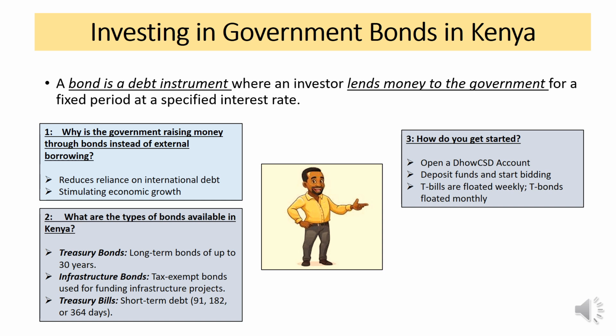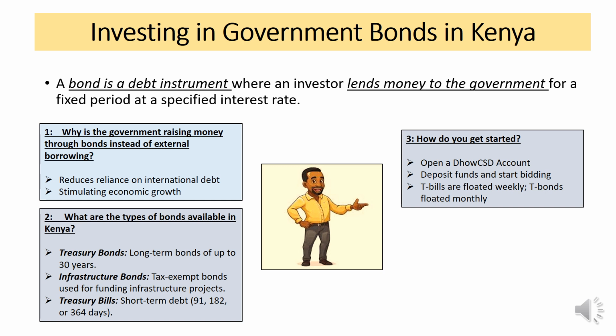The bidding process is competitive. They have their own underlying factors that they consider on who to pick and who not to pick. That is a prerogative of the central bank. But for now, the information you need is that to invest in government bonds, just go to your browser and search DhowCSD. There are even apps for this.